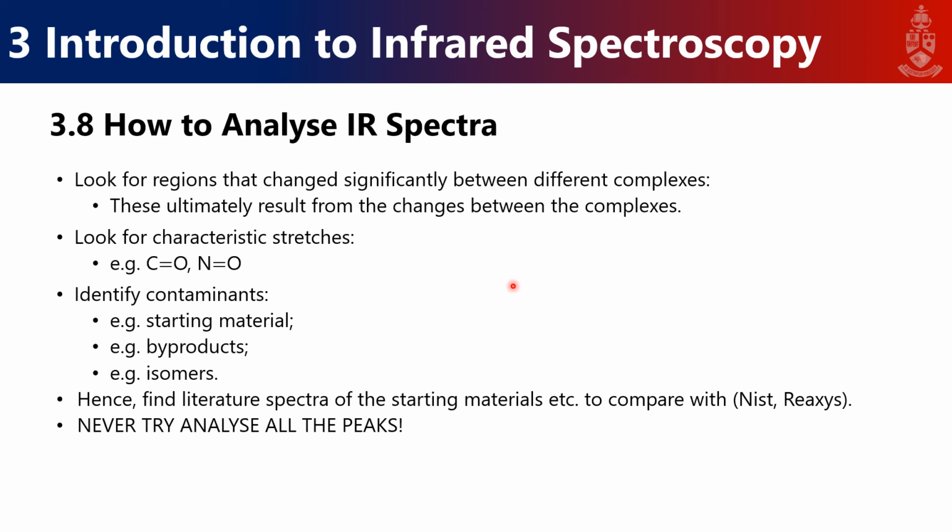In other words, can we definitively say that we've indeed synthesized something new, or is it just a mixture of the starting materials that we're seeing? That's the question. Is it something that has now formed a complex, or is it just a mixture of what we started with? So that's why I say look for regions that change significantly between the complexes, and between the complexes and the starting materials.